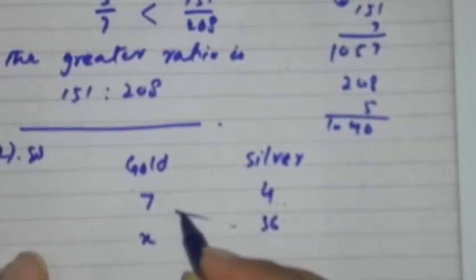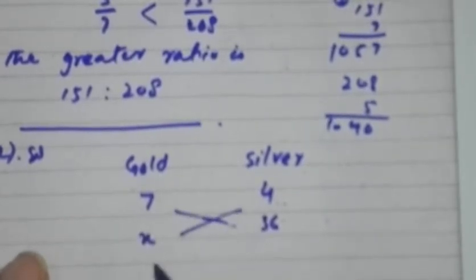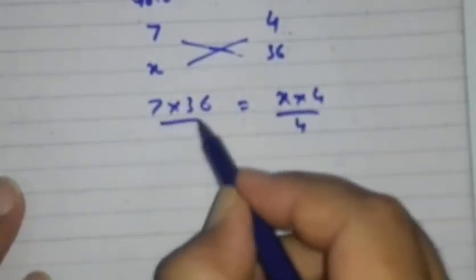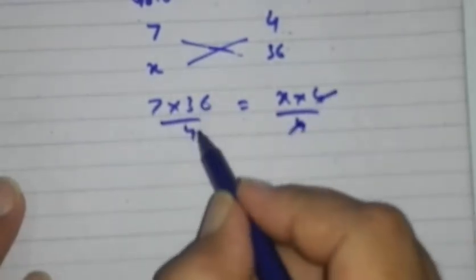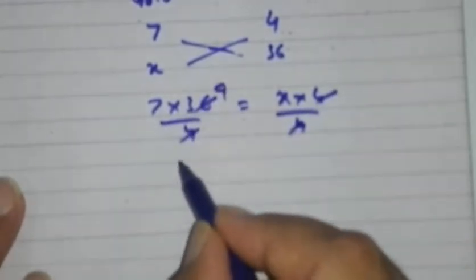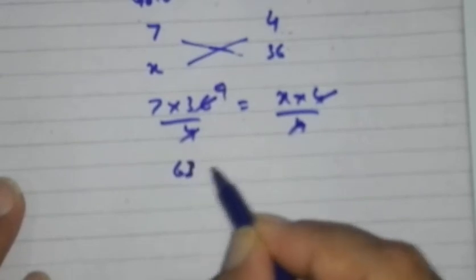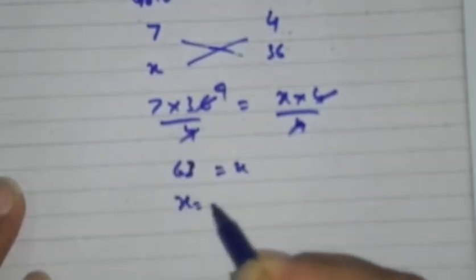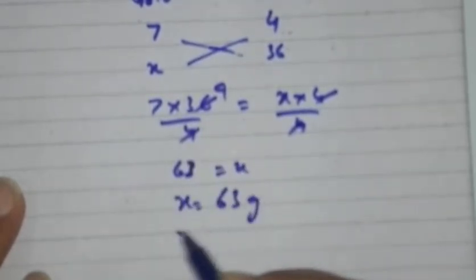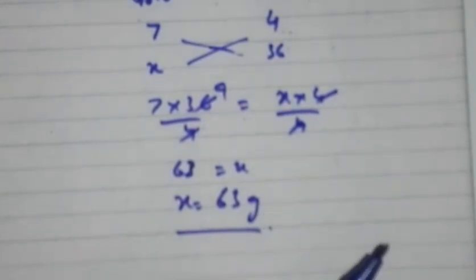Let it be x. Now we can write 7 into 36 equals x into 4. Divide both sides by 4. 4 cancels with 4, 9 4s are 36, 7 9s are 63. So x equals 63 gram. So 36 gram of silver requires 63 gram of gold.